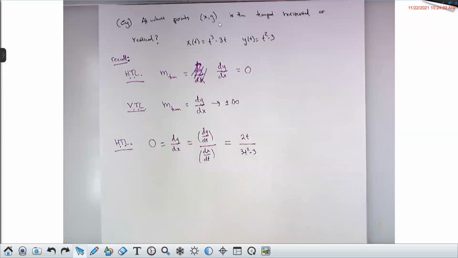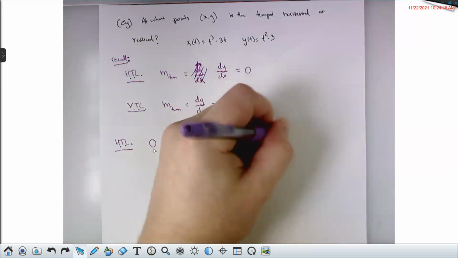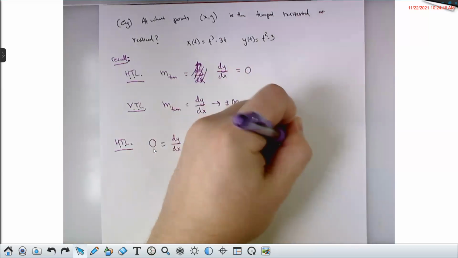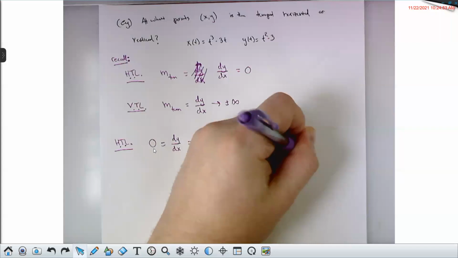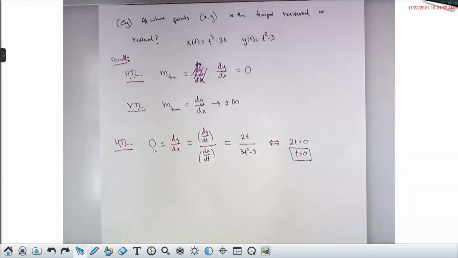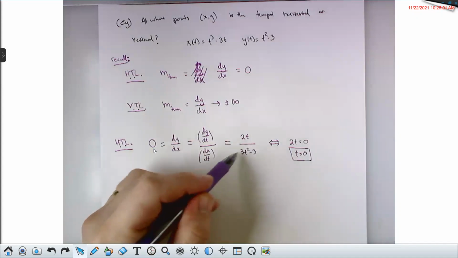So what you're looking for here are places where the top is 0 and the bottom is not 0. That will give you a horizontal tangent. So this is going to be 0 if and only if the top is 0, which means t is 0. You want to check to make sure that that value does not also make the bottom 0.